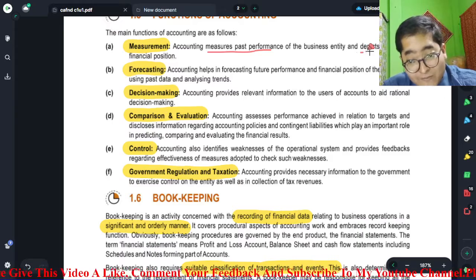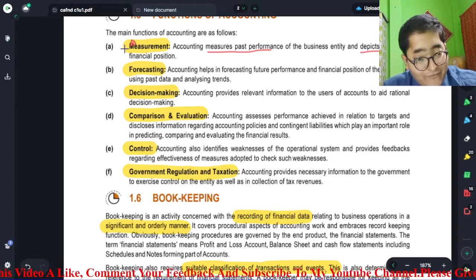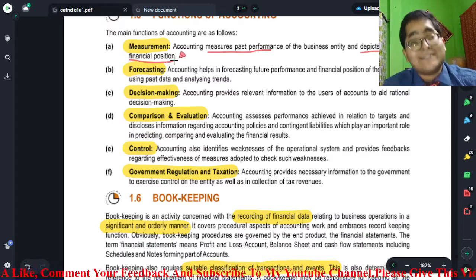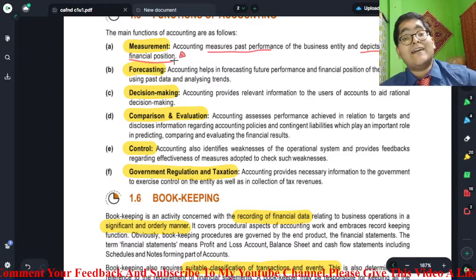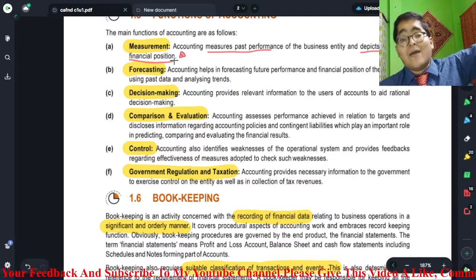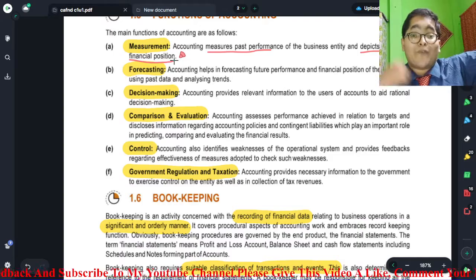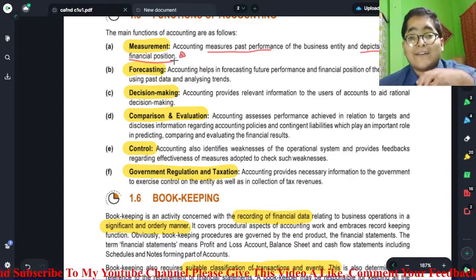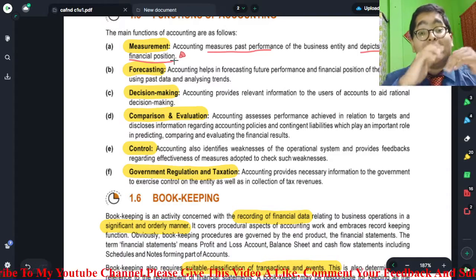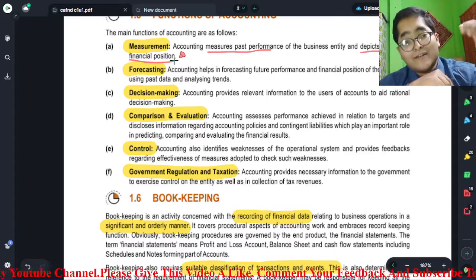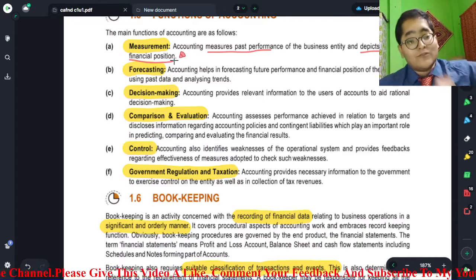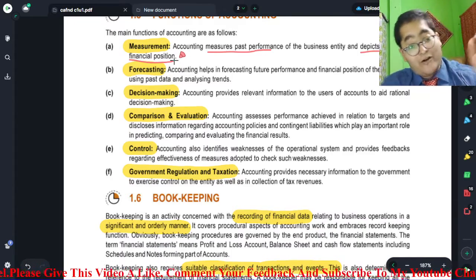For example, if a business incurred a loss in the previous year but has profits in the books in the current year, that means the financial position of the business is better than last year. So this is the measurement function of accounting.